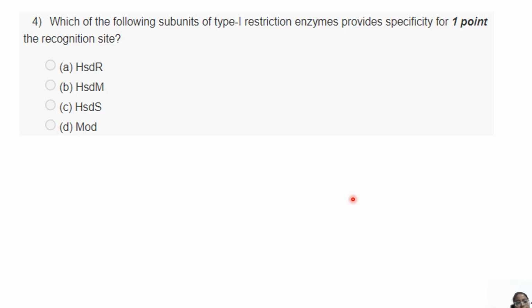The first question for today is, which of the following subunits of type 1 restriction enzymes provide specificity for the recognition site? HsdR, HsdM, HsdS, and Mod. I'll wait for a few minutes. One of you can try and give me the answer.